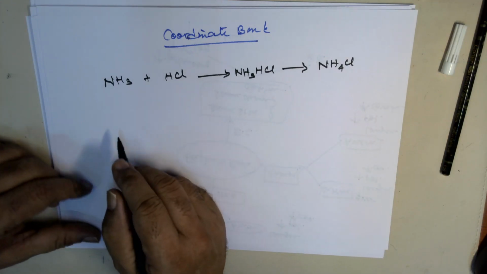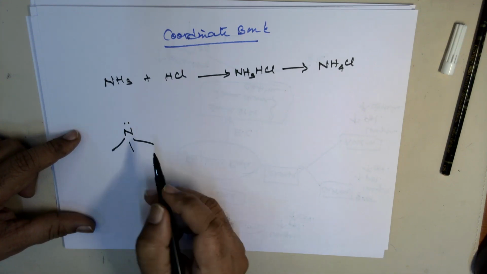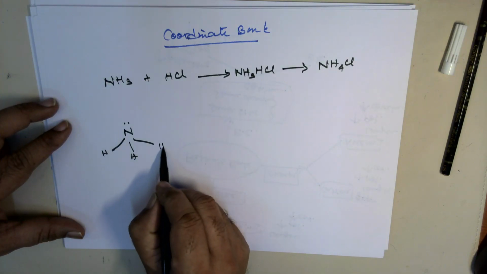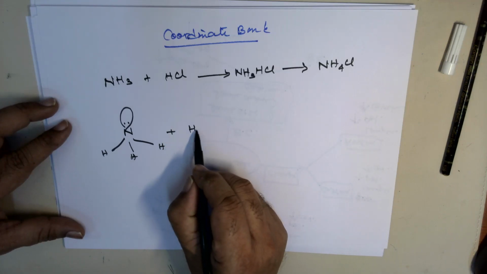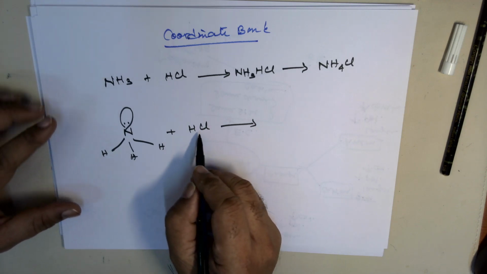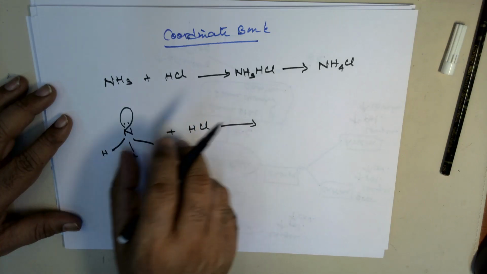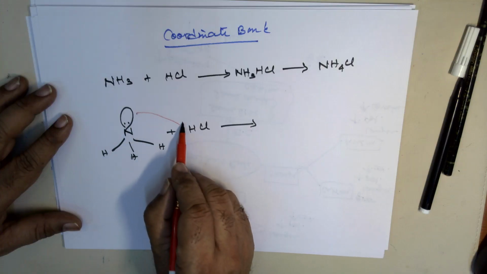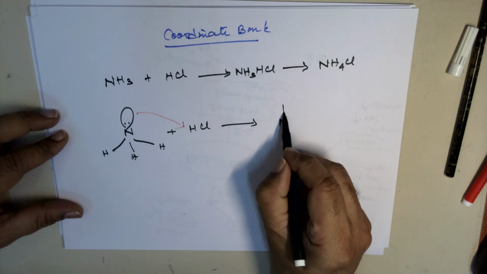Why? Let me explain. Nitrogen has got a lone pair of electrons with a trigonal pyramidal structure like this, H, H, H, and this is the lone pair of electrons, and it combines with the HCl. The H has got only one electron, and that is gripped by the chlorine already, so it wants to combine with this. In that case, this pair of electrons is donated to hydrogen so that it will form a coordinate bond.